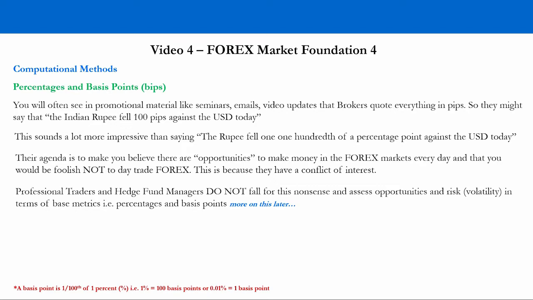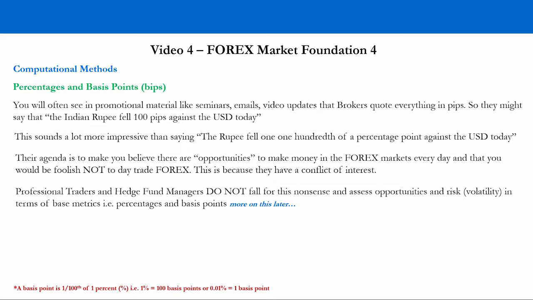It sounds like a much bigger move than saying the rupee fell 1/100th of a percentage point against the US dollar today. And that's because their agenda is to always try and make you believe that there are opportunities to make money in the Forex markets every day, and that you'd be a fool not to trade Forex or even day trade it. And that's, as we know, because they have this structural conflict of interest.